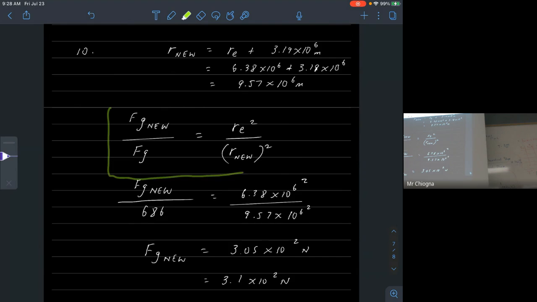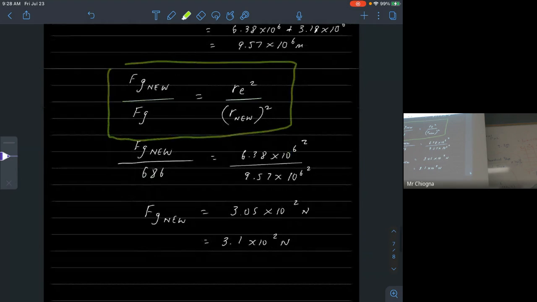Use your equation again, comparing the new to the old. Number 11. Just read that over. Give that a try.